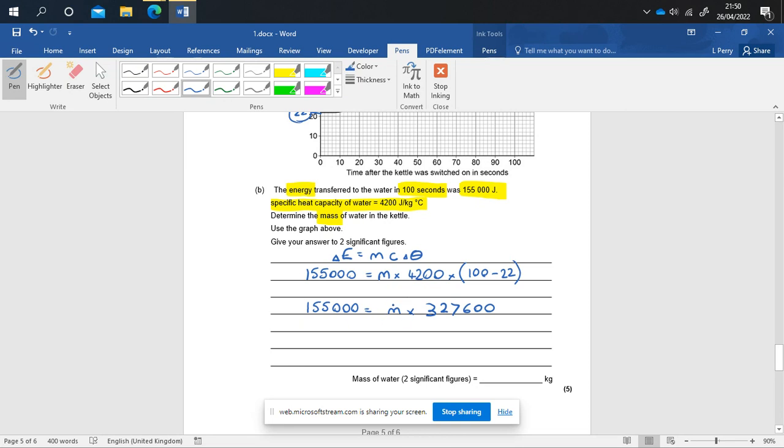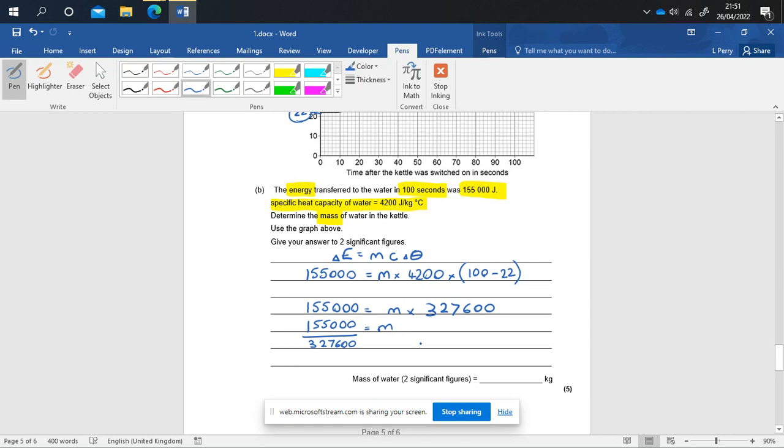Now I need M on its own. I need to make M the subject. M is at the moment timesed by 327,600. So to get rid of it, I'm going to divide by that. So it's going to become 155,000 divided by that big number, and that equals M. I type that into my calculator.